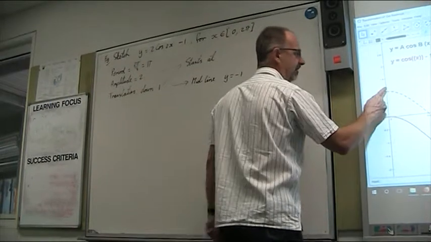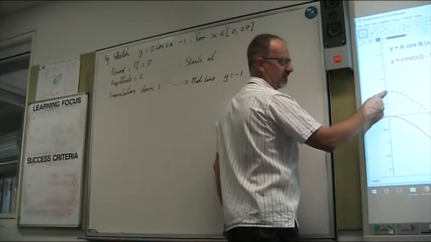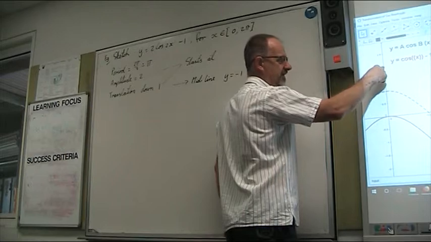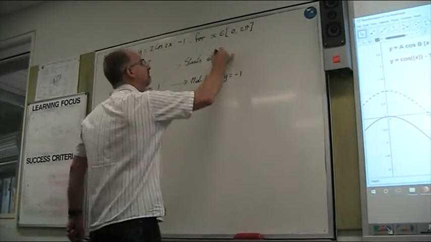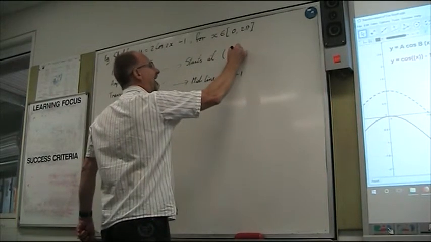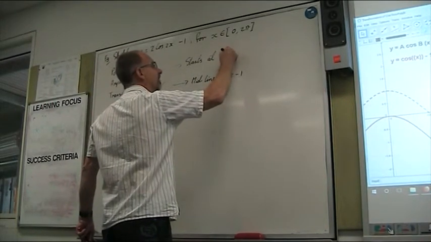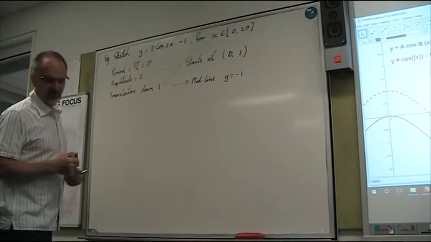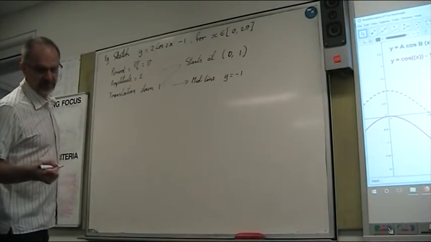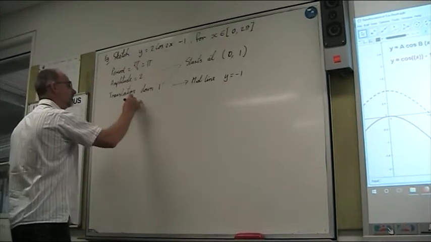So let's go again: amplitude of 1, amplitude of 2, translation down 1. So it's going to start at 0 and 1, I should say, not 1 and 0. Okay, so let's sketch that.